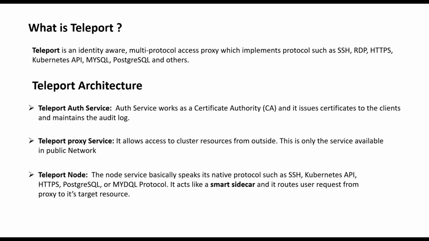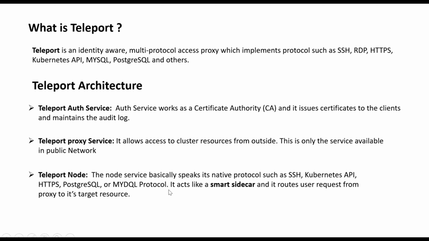Then finally comes the Teleport node, and the node service basically speaks its native protocols such as SSH, Kubernetes API, HTTPS, PostgreSQL or MySQL. I need to correct it here. It's not MyDQL, it's the MySQL protocol. It acts like a smart sidecar, and it routes user requests from the proxy to its target.